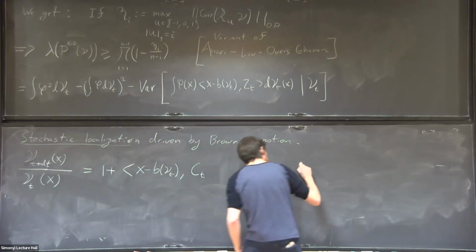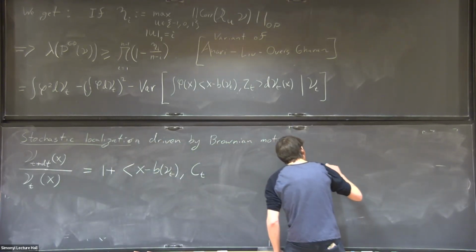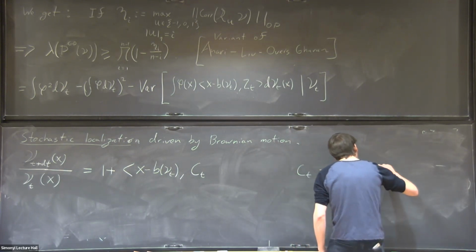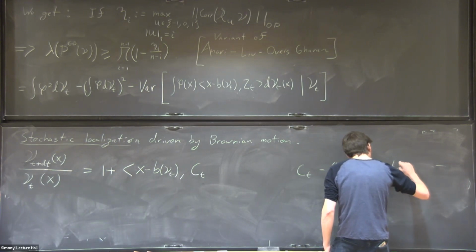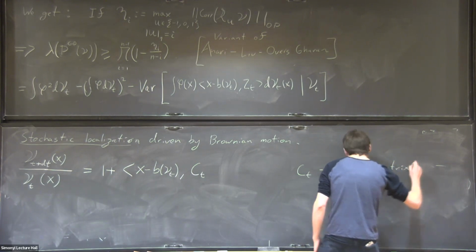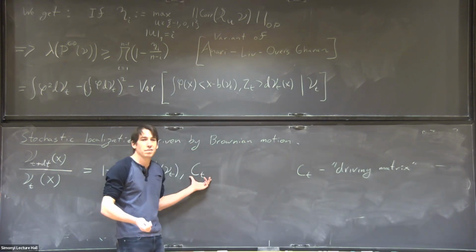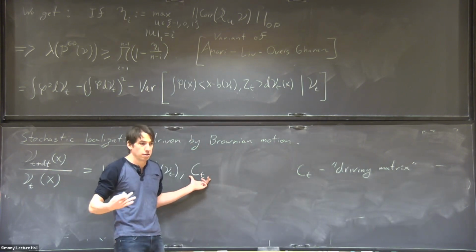So C_t is going to be any driving matrix. It's the matrix that drives the localization process. It can be anything that depends on mu_t.